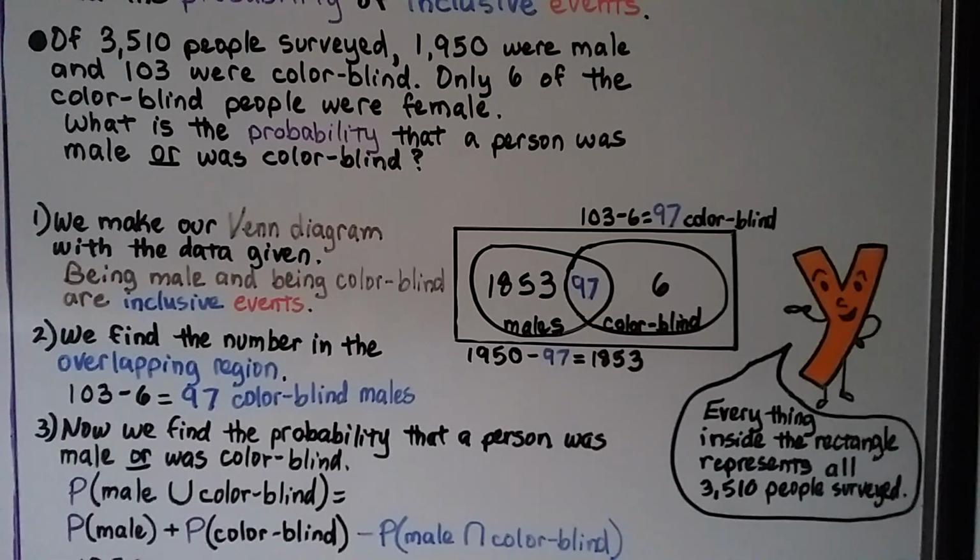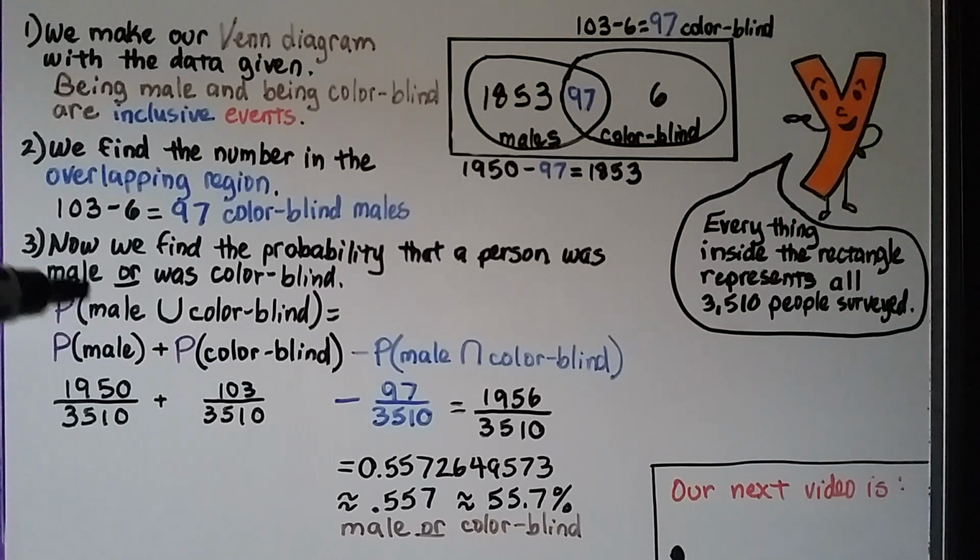Now we find the probability that a person was male or was colorblind. The probability of male or colorblind is equal to the probability of being male plus the probability of being colorblind minus the probability of being male and colorblind. So we had 1,950 males.